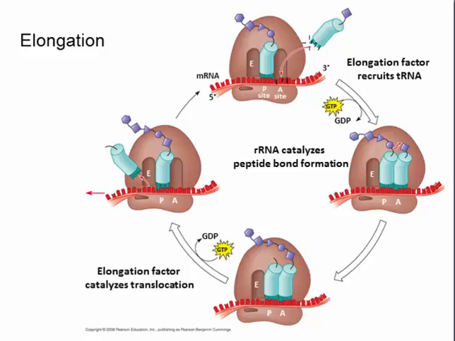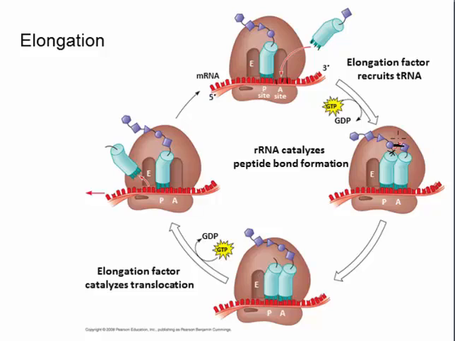It is only going to bind if it has the matching anticodon sequence to the codon positioned here in the A site. And when it does bind, what we're going to see is a new covalent bond formed between the amino acids, right? The amino acid that this tRNA in the P site's holding is going to be linked to the amino acid that has just been brought into the ribosome. When that happens, the covalent linkage between the polypeptide and this tRNA in the P site is broken, right?